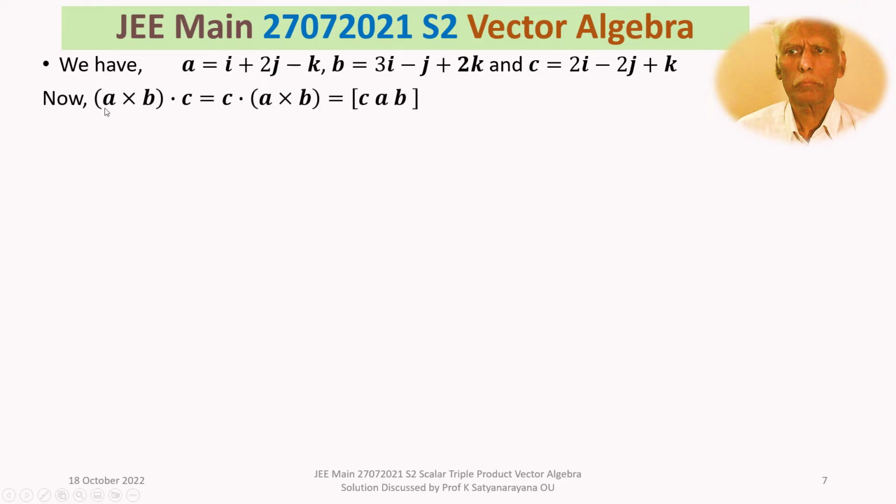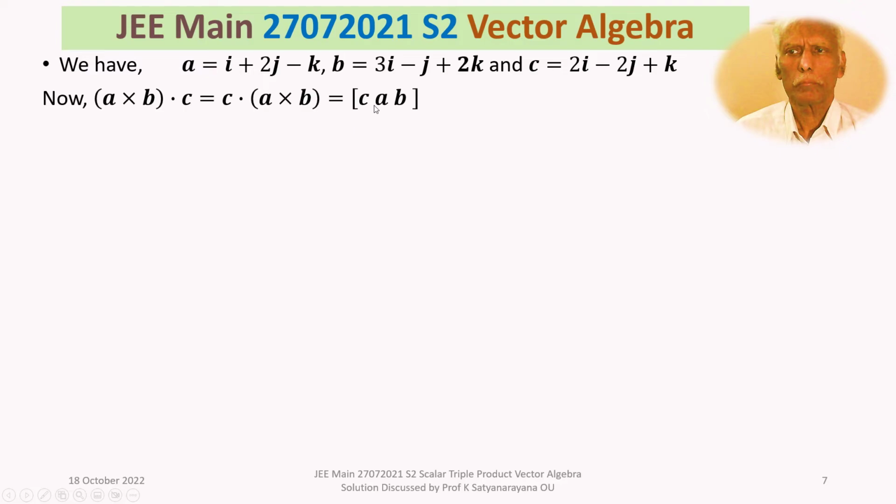We are required to find (A cross B) dot C. This is the same as C dot (A cross B) because the dot product is commutative. And C dot (A cross B) is the scalar triple product of the vectors C, A, B in this order.